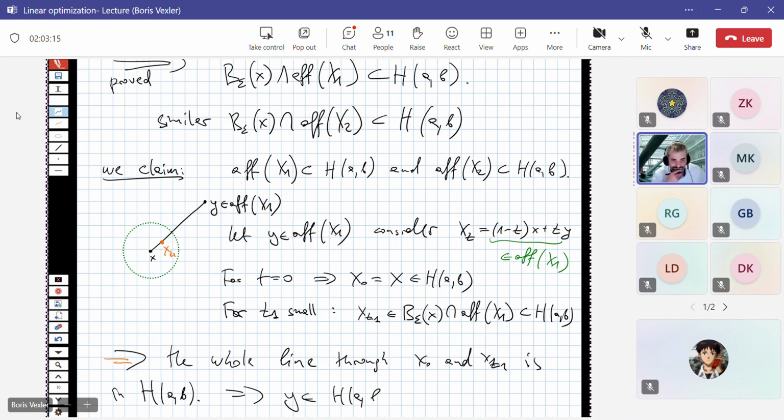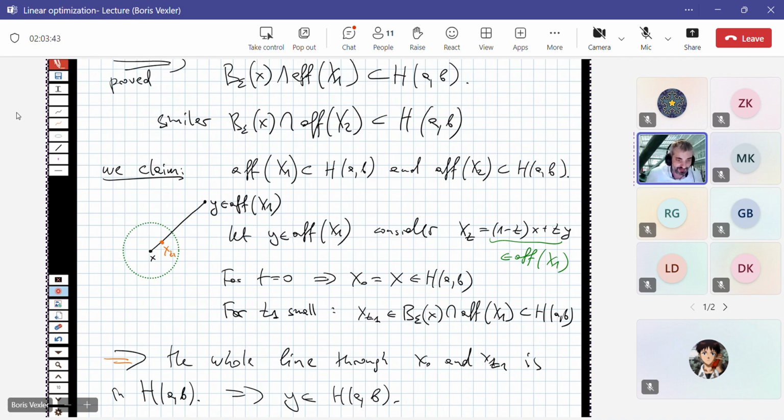Do you agree? So we found another point in this neighborhood that is also in the hyperplane, and the entire line will be in the hyperplane. Exactly. Since if two points are in the hyperplane, then the line going through these points is in the hyperplane, by the definition of the hyperplane.